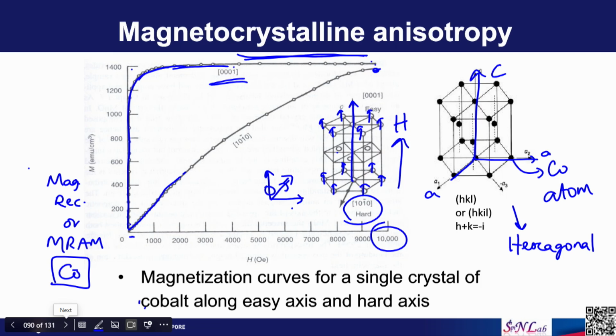It rotates slowly from this direction towards your applied field direction. Let us say I reach here. Now all the magnetic moments are pointing in this direction.